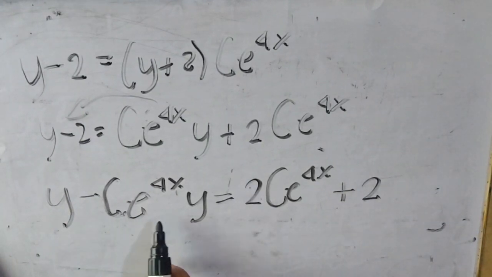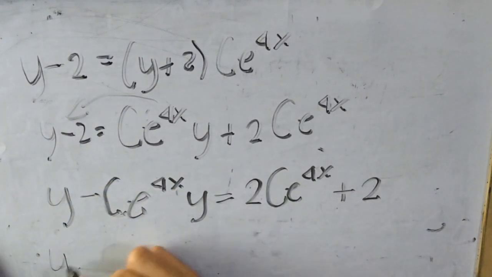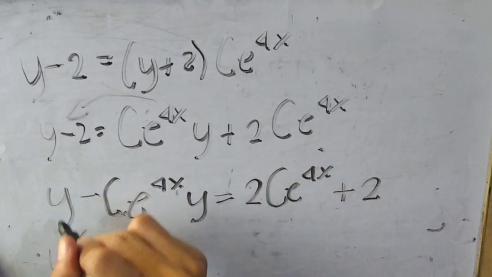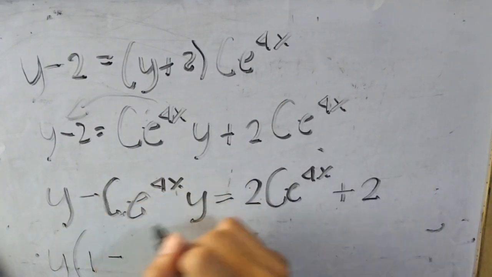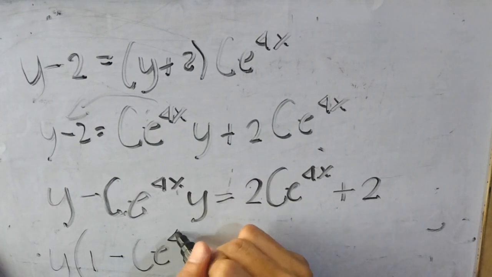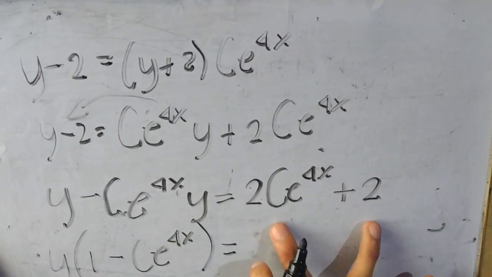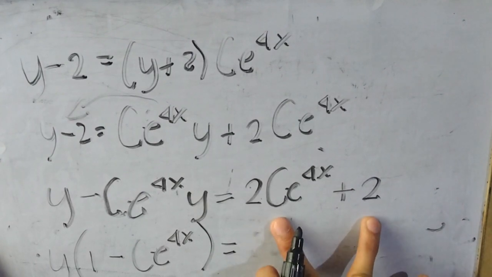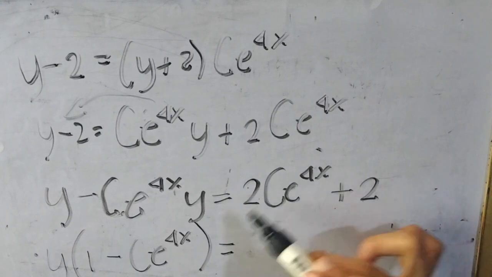Now we will factor out y. So the remaining here is 1 minus c e 4x, equal to, we'll factor out the 2 because they have a 2 on both terms.